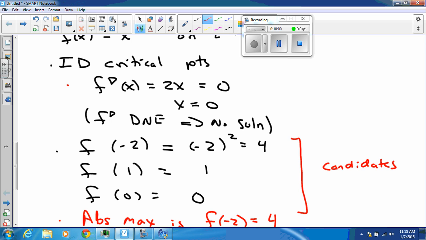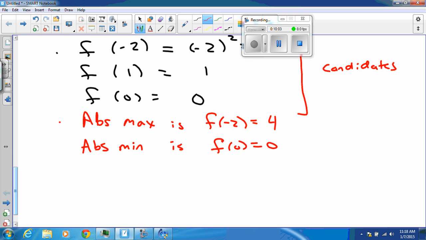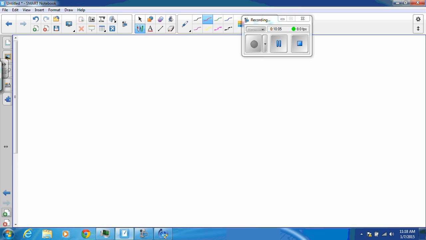All right, let's try it. Find the absolute max and min of this function.